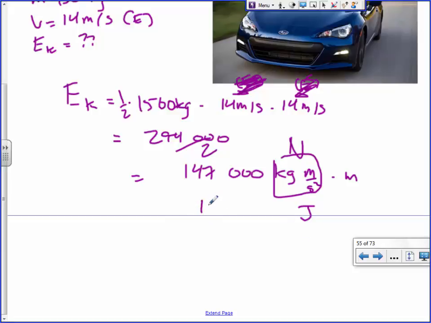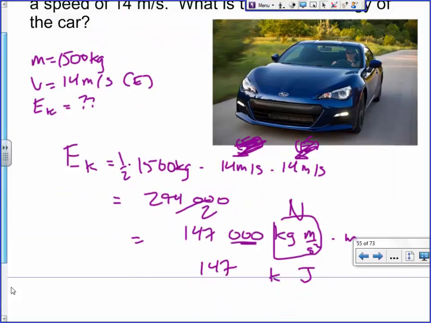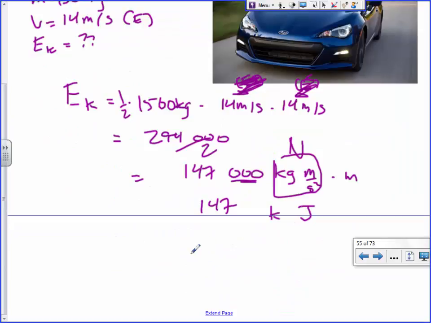Okay, here's one option. We could call it 147 kilojoules, because three zeros is a kilo of something. But I don't think that works for sig digs, does it? Because I only get 2. So probably the best option is 1.5 times 10 to the 5 joules.